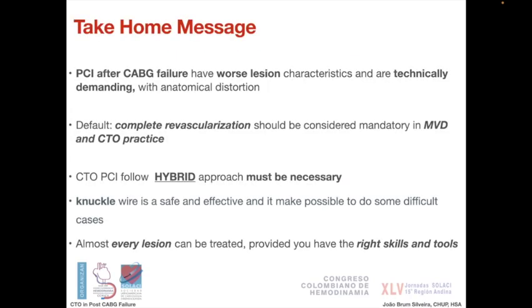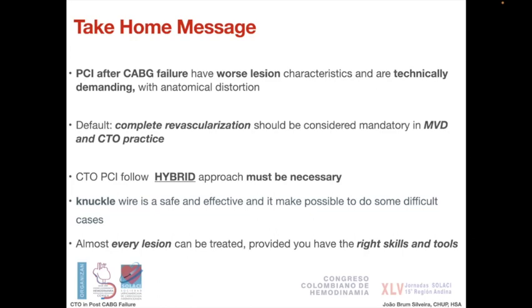I will finish my talk with a take-home message. PCI after CABG failure has worse lesion characteristics. It's a very important point, and these cases are technically demanding. We need to be prepared. We need to have experience with anatomical distortion. By default, we need to do complete revascularization.